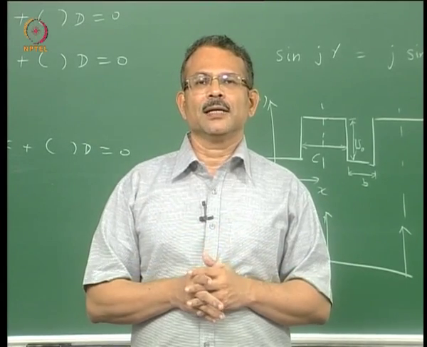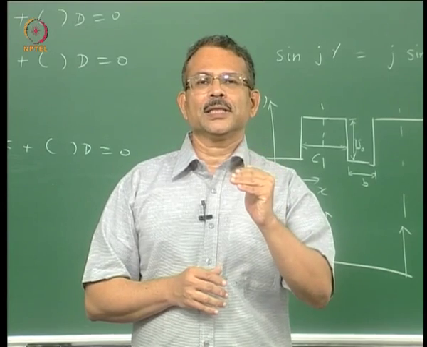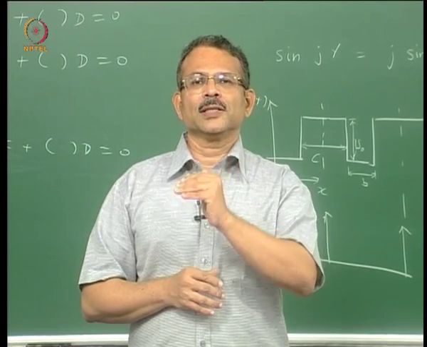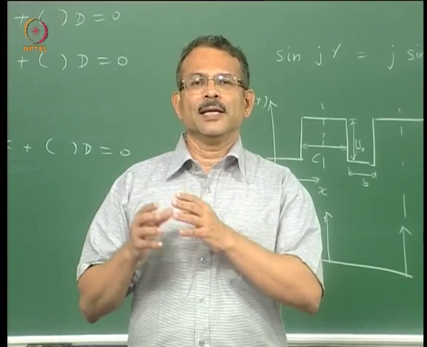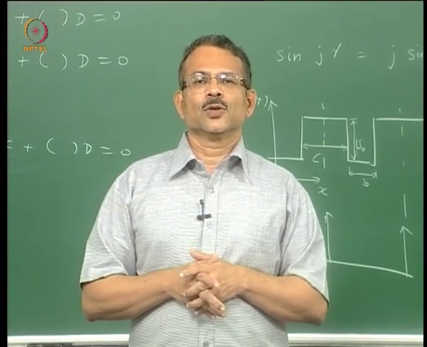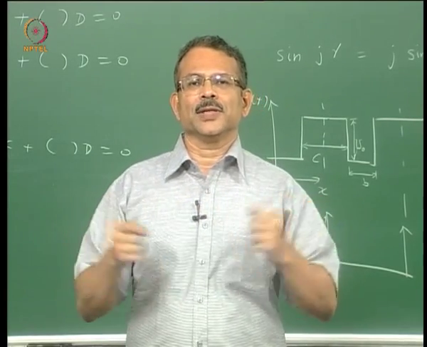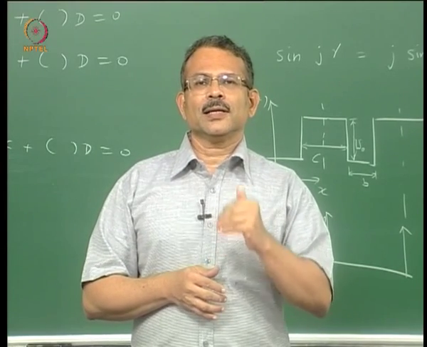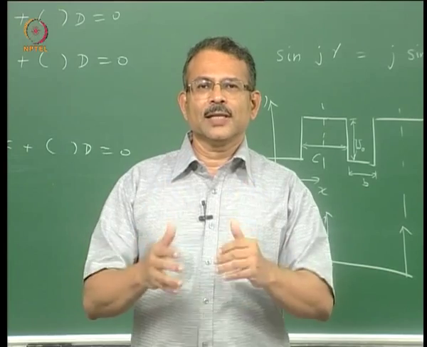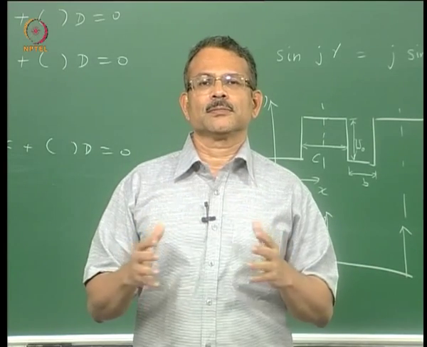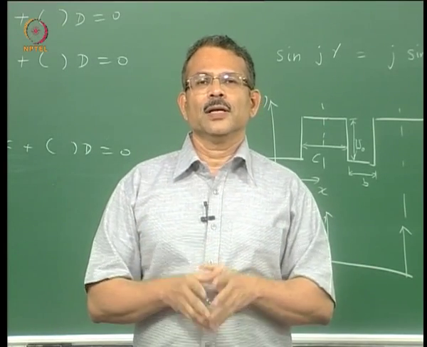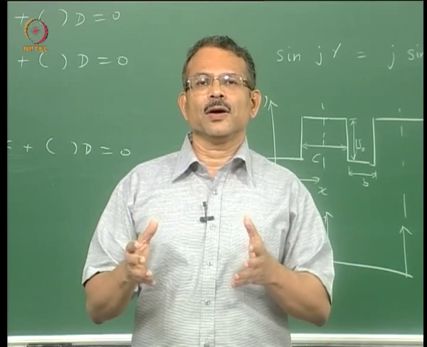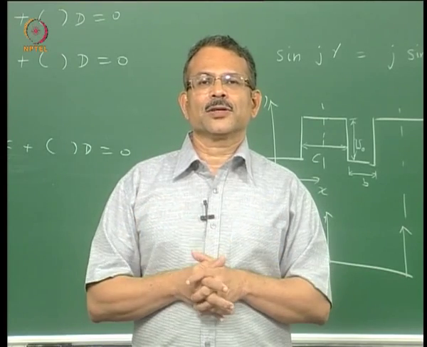These 3 features are: one is that the Ek relation is periodic with periodicity equal to 2 pi by the distance between the atoms. So, we have assumed an idealized one dimensional situation. The next feature is that for certain energies the Schrodinger's equation does not have a solution, and therefore these energies are not allowed for the electrons.